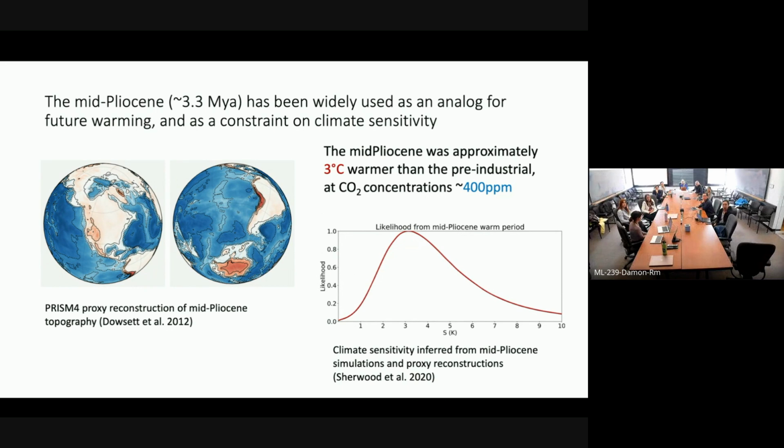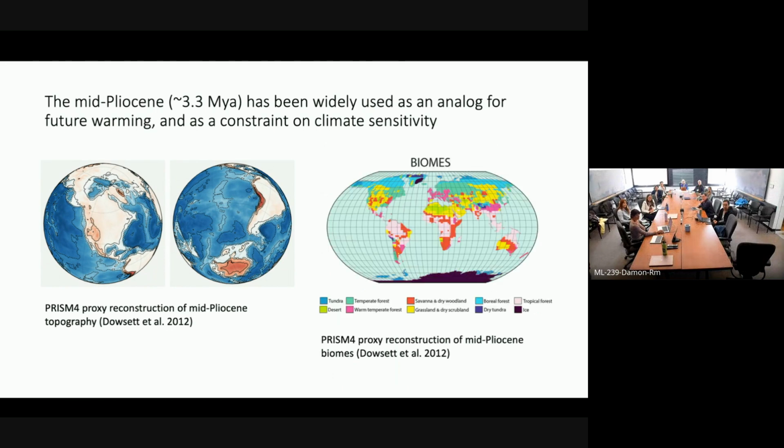Given the potential for global warming to reach similar levels over the 21st century, it's been widely used as an analog for future climate change, and as such, as a constraint on modern day climate sensitivity, which Vince talked to us about. Here I'm showing the Sherwood et al. 2020 estimate that relied on the mid-Pliocene to infer climate sensitivity.